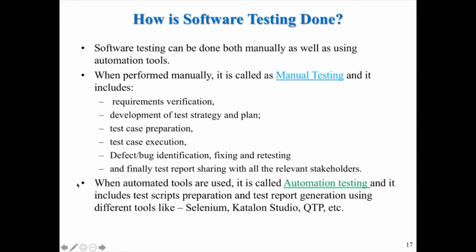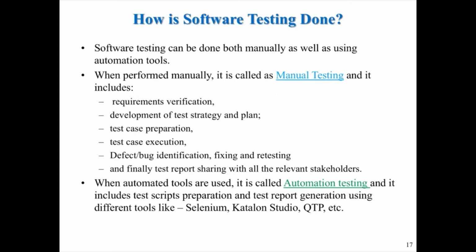The second approach is where you use some automated tool to test your software. That is called automation testing. In those tools, you prepare scripts and then those scripts are run.